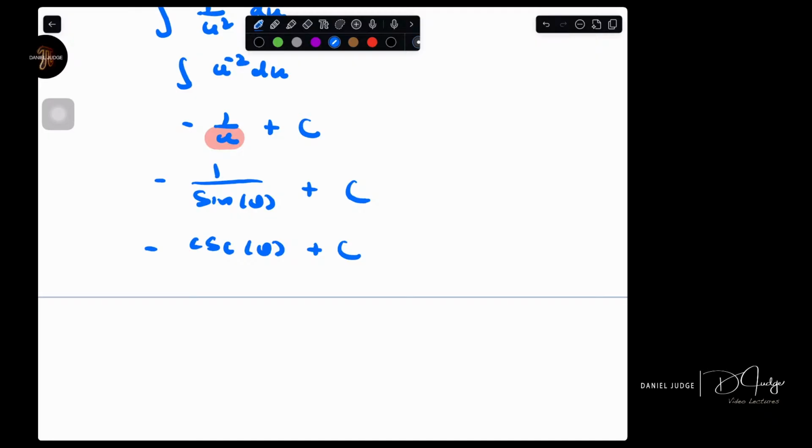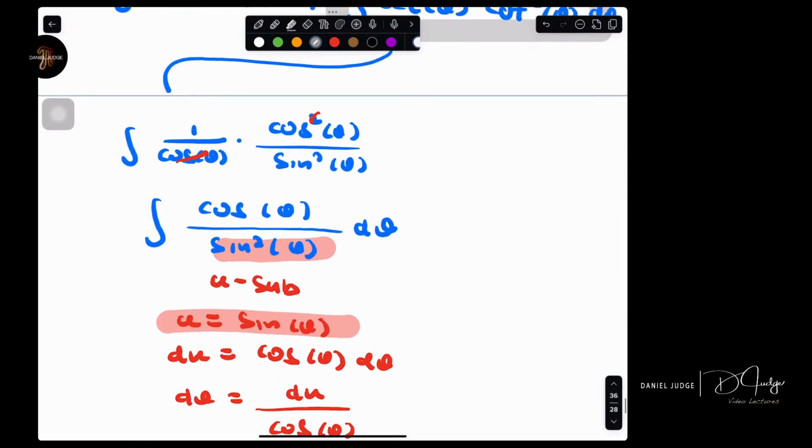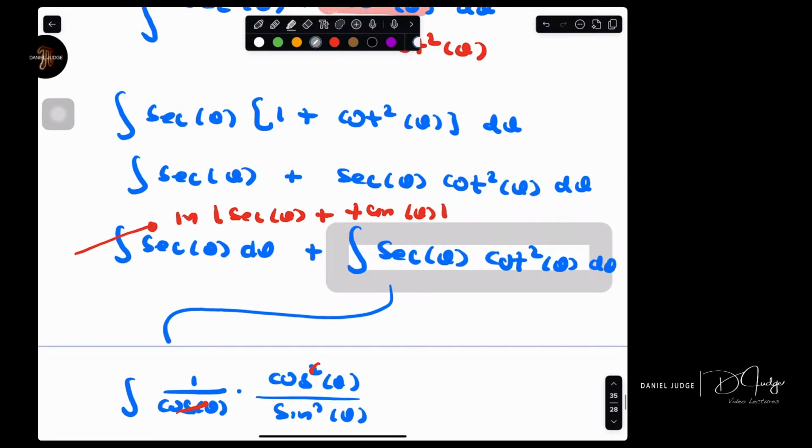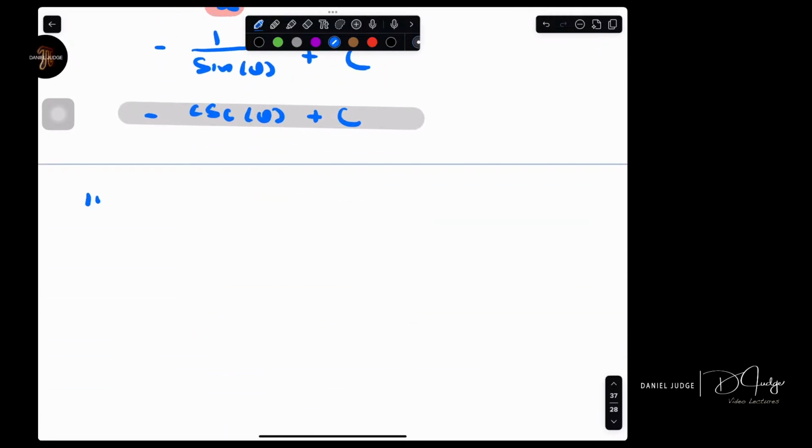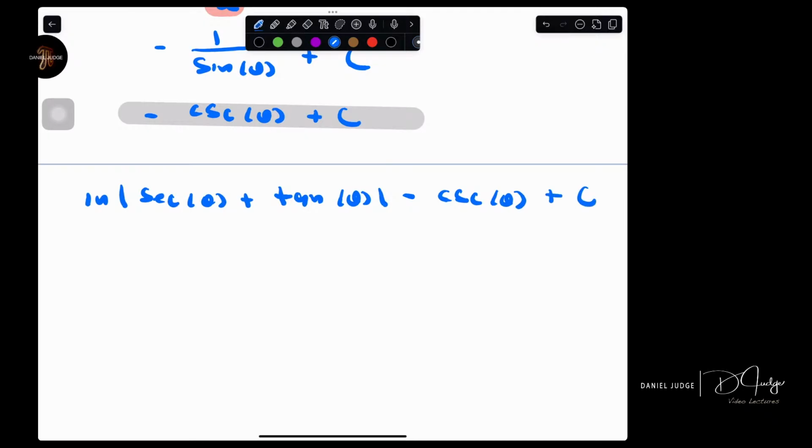I think we've seen that before. So altogether, you have natural log secant plus tangent, minus cosecant theta, plus your constant c.